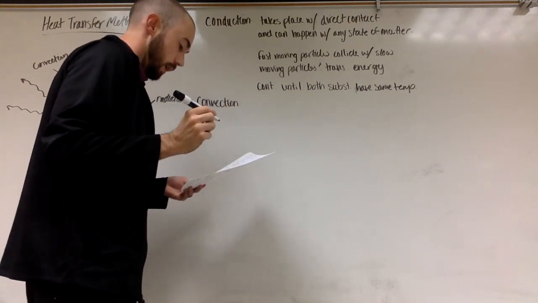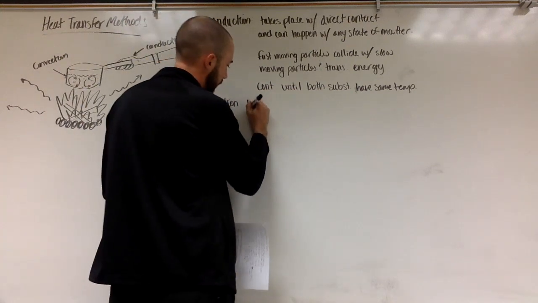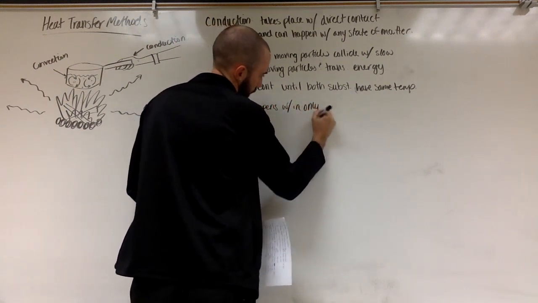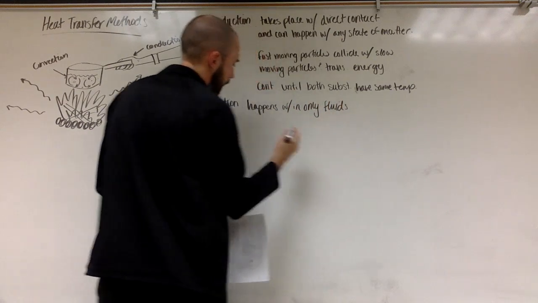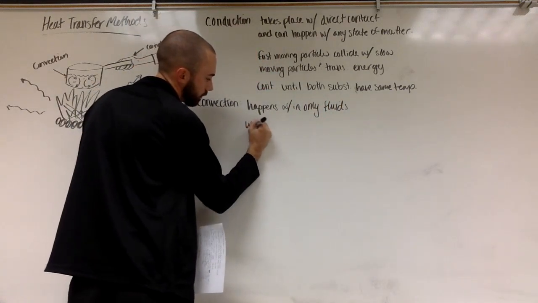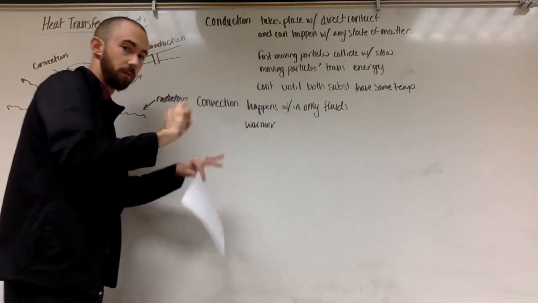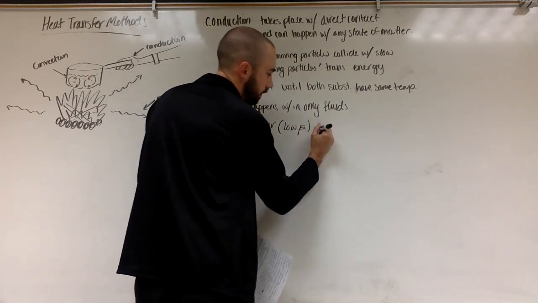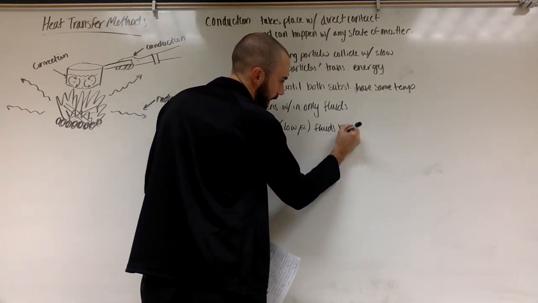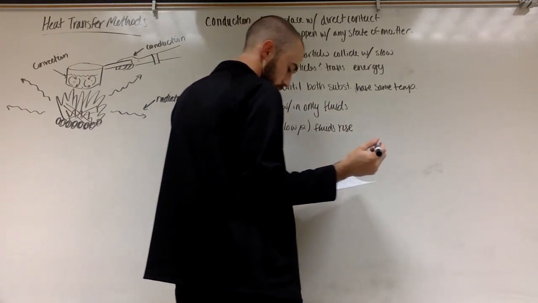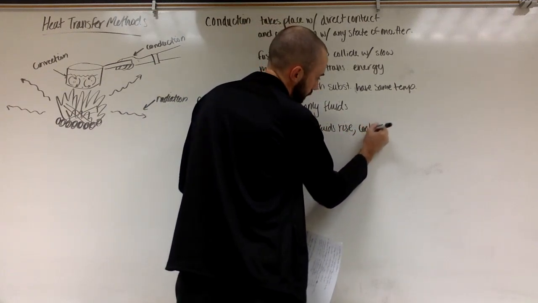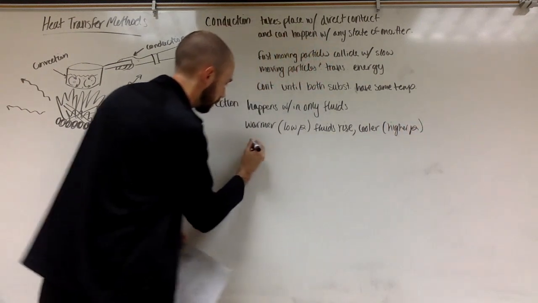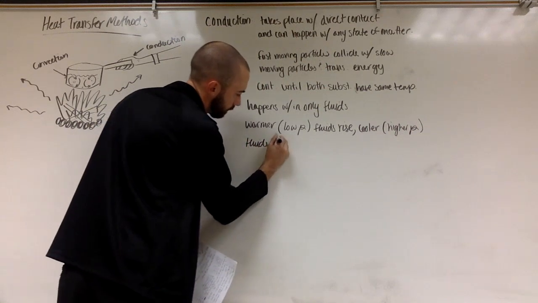And in this one, it happens only with fluids, where warmer fluids, because they're warmer, they're bouncing around, they're spread further out, so warmer, low density, low rho fluids rise, and cooler, higher density fluids fall.